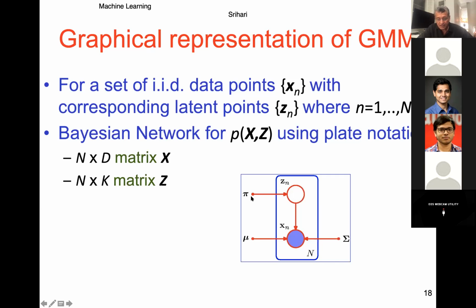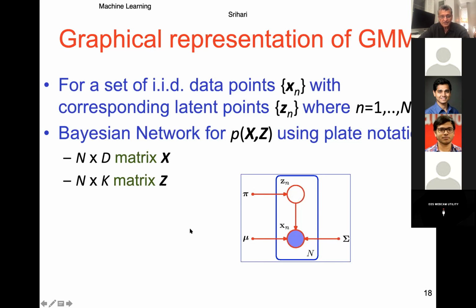And these are parameters. Pi is a parameter influencing this, and mu is a parameter influencing this. Sigma is a parameter influencing this, and there's a parent-child relationship between the class and the data.